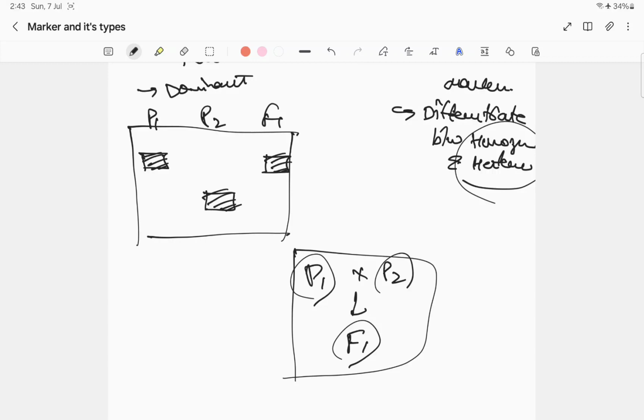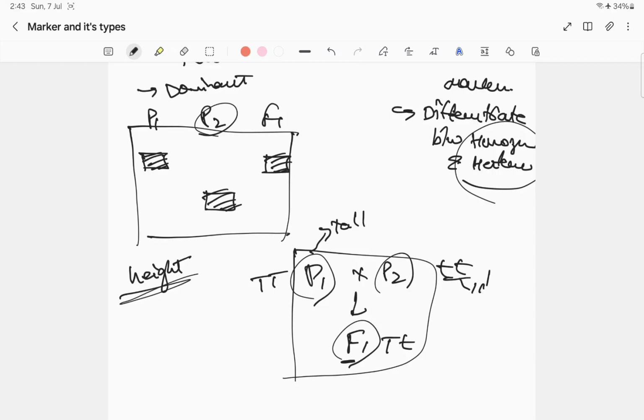For example, for any plant character, for example height, if parent 1 has capital T and parent 2 has small t, the F1 will have capital T small t, right? This is tall, this is dwarf, and this one will also be tall, right? Here you can observe the gel.